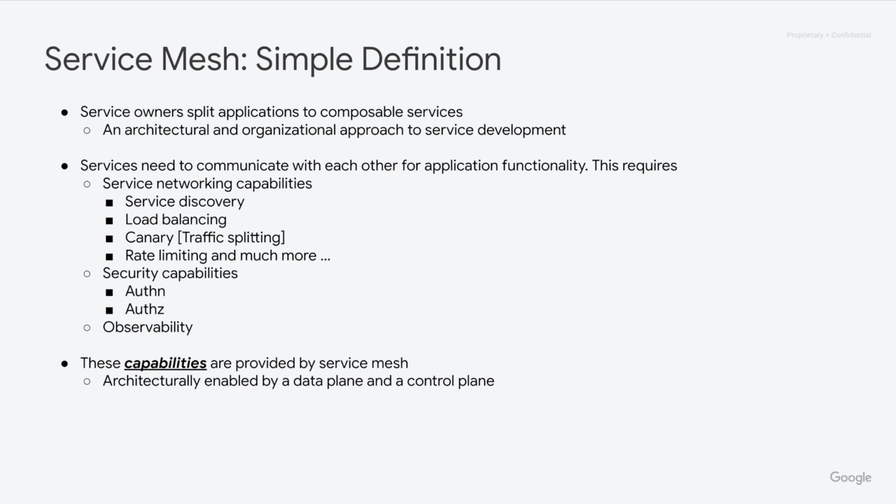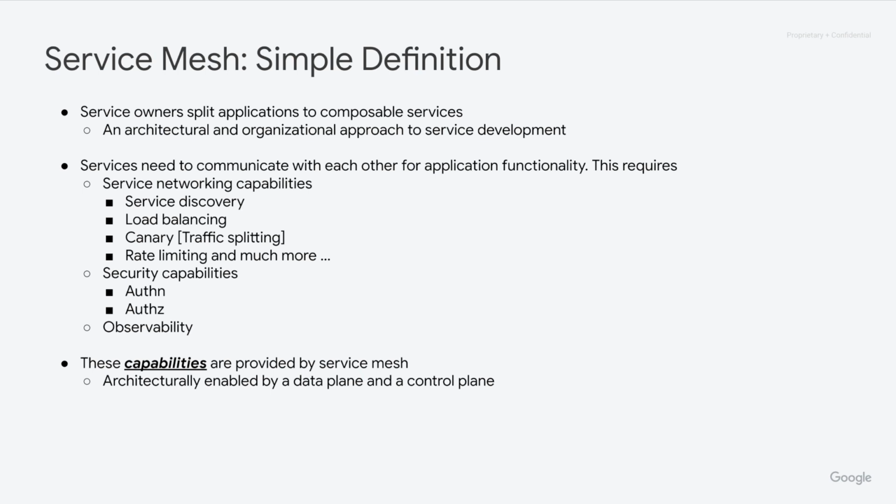And as they communicate with each other, there is a need for them to discover each other, load balance, and many service networking capability requirements come into picture as a package of that service to service communication. When services talk to each other, they also need to talk to each other securely, which means they need to authenticate with each other, authorize with each other. The communication also needs to be observable, meaning it needs to lend itself to a supportable and debuggable system through that observability.